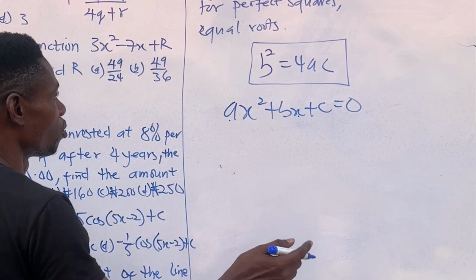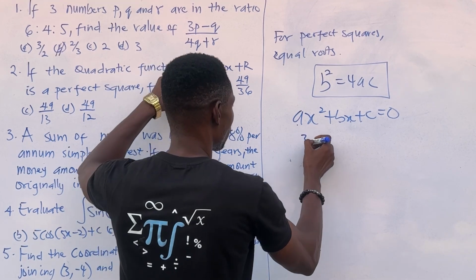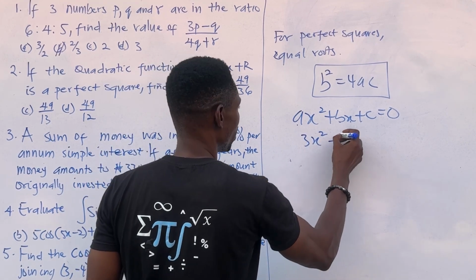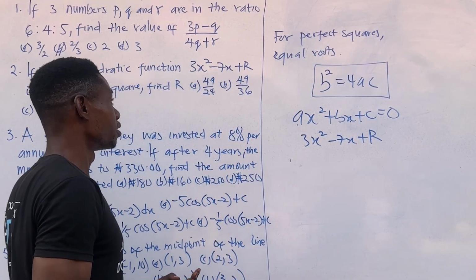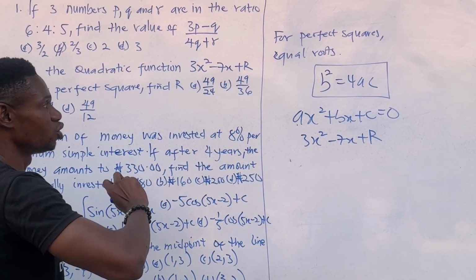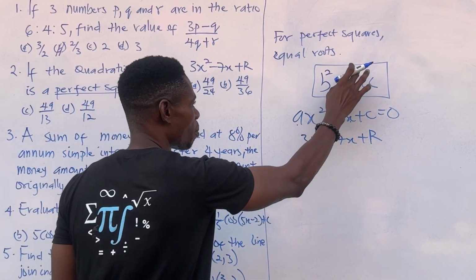Okay, so in this case, what we have is 3x squared minus 7x plus R. We have to find R, knowing that it is a perfect square. So we're just going to apply this.